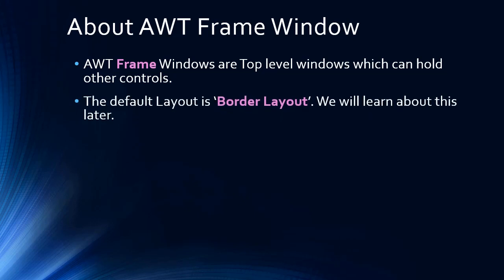The default layout is border layout, and we will learn more about different kinds of layout in some other video. For now, if you know that the default layout is border layout, that's enough. Anyhow, in this video we are going to provide a flow layout for the AWT frame window.